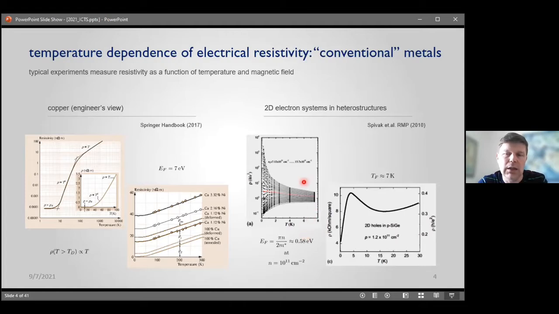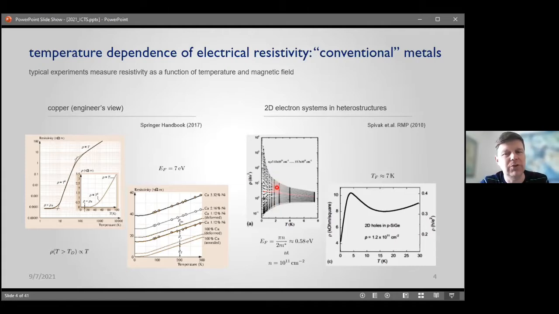And then in these systems, one can study different aspects of electronic behavior. So for example, one question is the so-called metal-insulator transition that's shown here on the left. Different curves correspond to different carrier densities, and different carrier densities correspond to different strengths of electron-electron interaction. That is the first example where interaction becomes important.